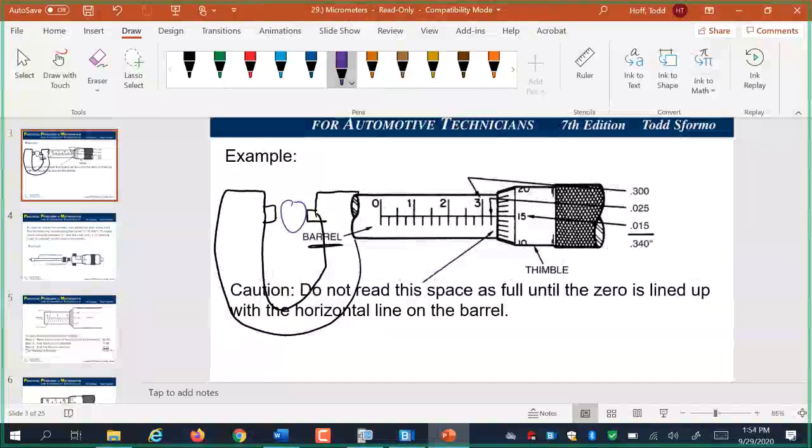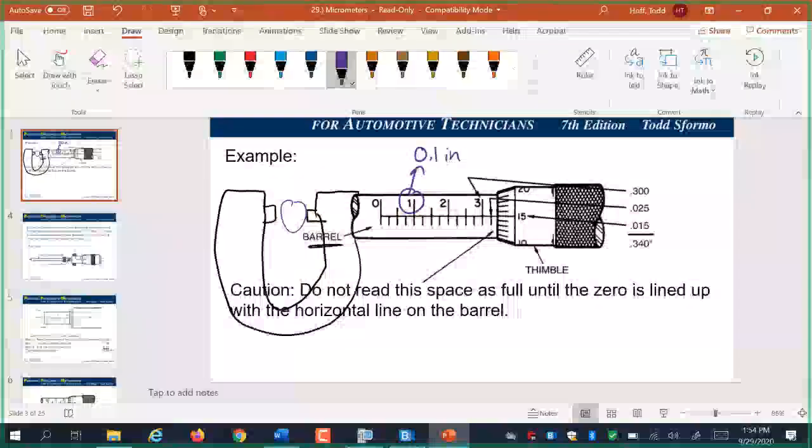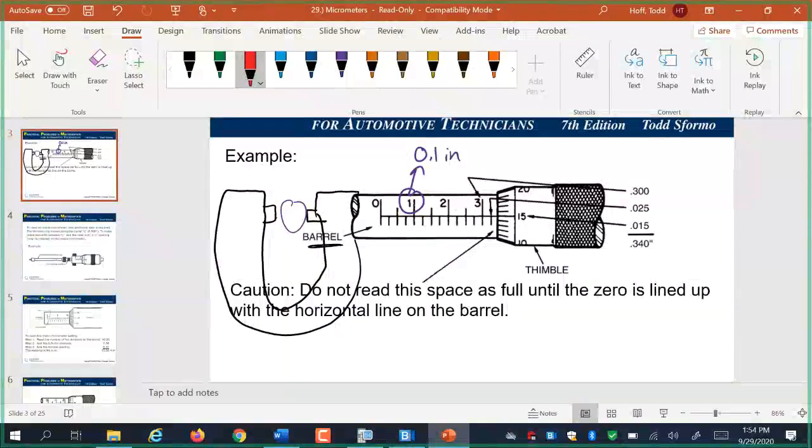So you see on the main scale, we've got 1, 2, 3. Those are not whole inches. Those are tenths. That is signaling 0.1 inch. The marks in between them are what are referred to as quarter marks. This is 0.125. That's 0.150.